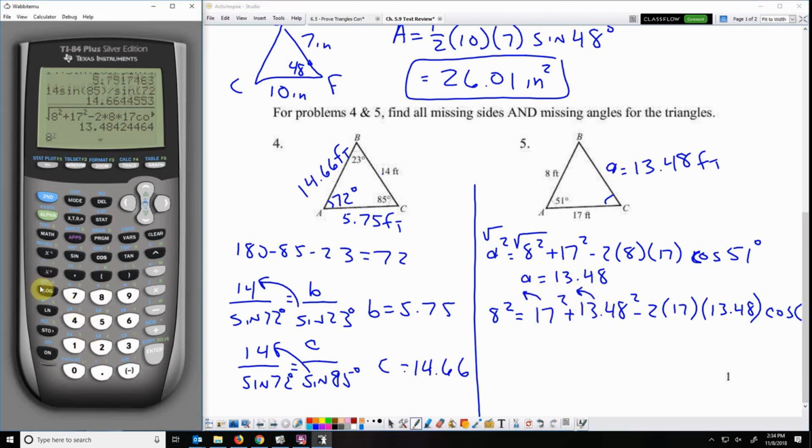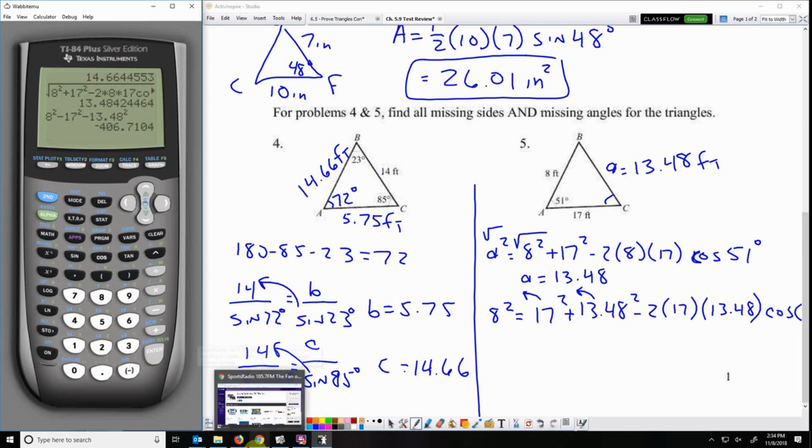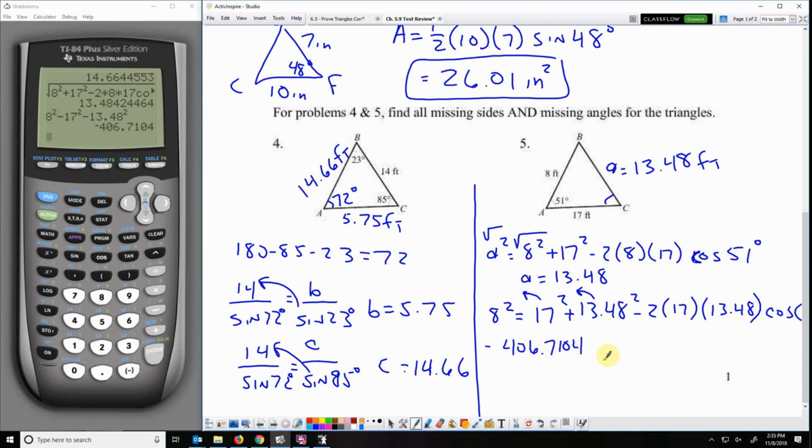So I've got 8 squared minus 17 squared minus 13.48 squared, okay, so I've got negative 406.7104. Okay, so then I'm going to multiply these. So I've got negative 2 times 17 times 13.48.